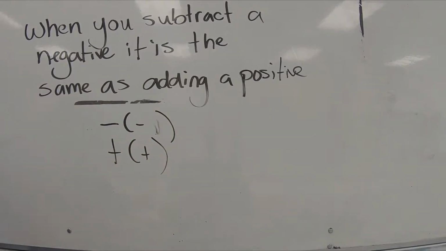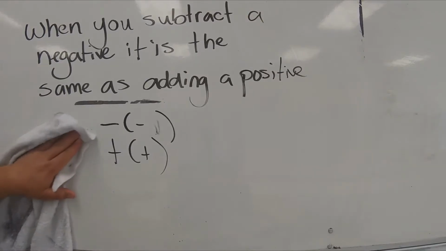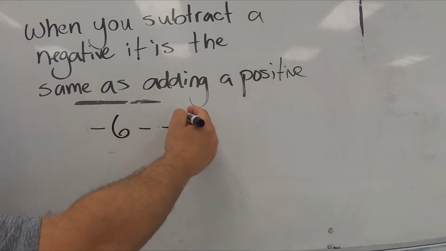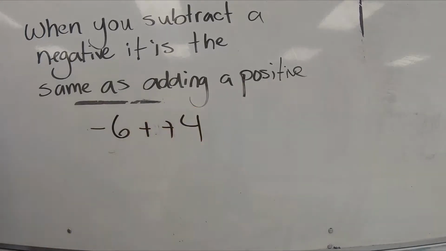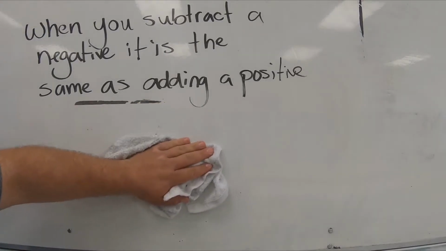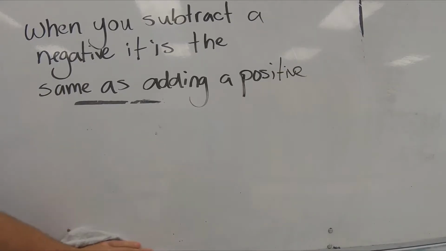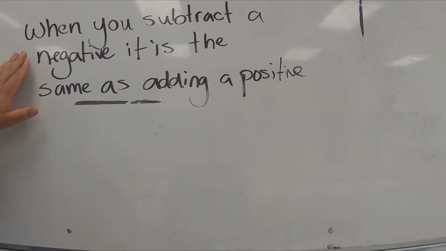Now, I remember teachers when I was in school saying, if you had 2 negative symbols, for example, you had negative 6 take away negative 4, you would just simply change them to adding. And they were right. That did work. We often call that, and in the textbooks we use today, it's referred to as changing the operation. And it's the exact same thing. Okay? So this rule, when you subtract the negative, it is the same as adding a positive, is also the same rule the other way around.